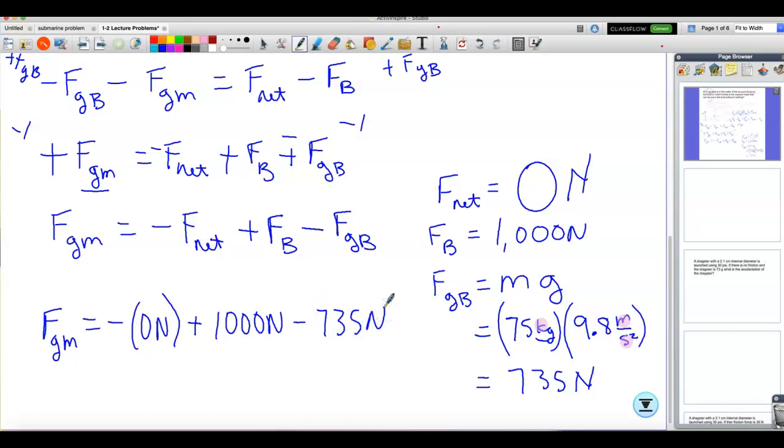So 1,000 minus 735, and if we plug that in our calculators, our gravitational force of the mass is 265 newtons.